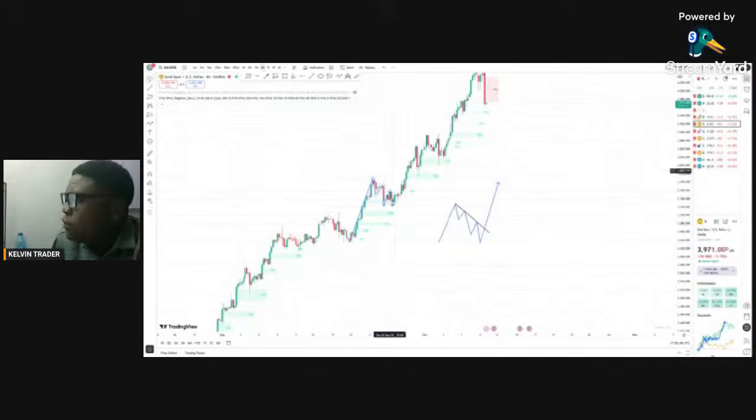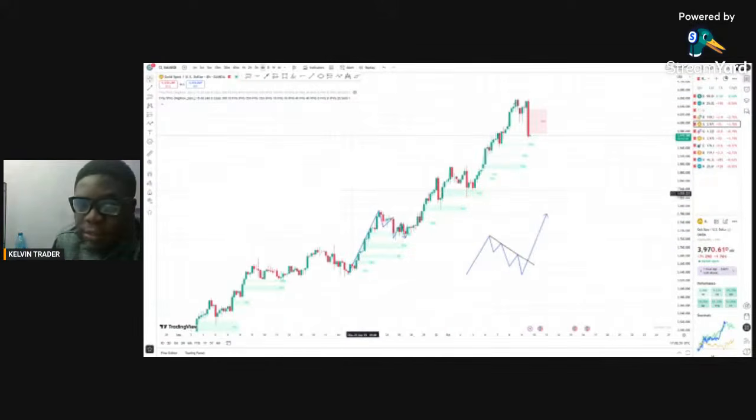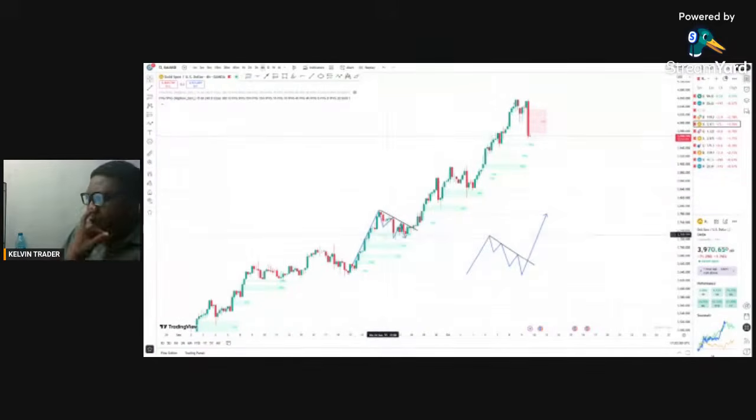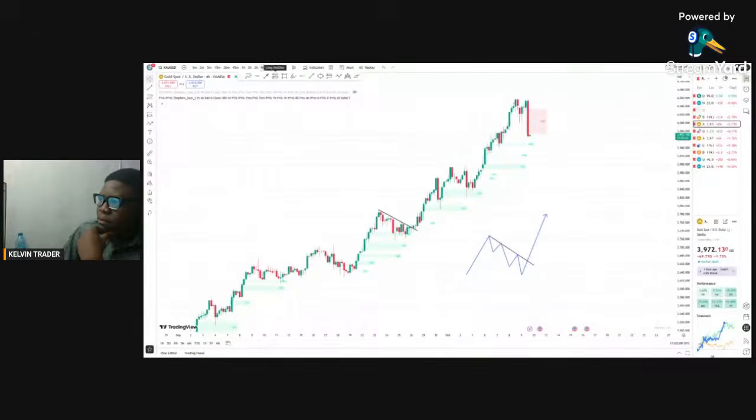The only way for you to join this bullish trend now is for you to catch this breakout. This is just a typical example. It's for you to catch this breakout from here.